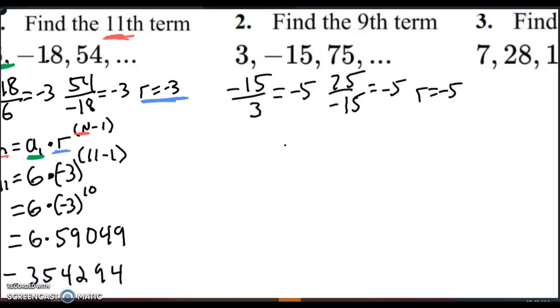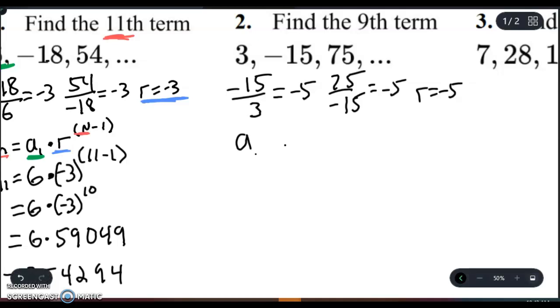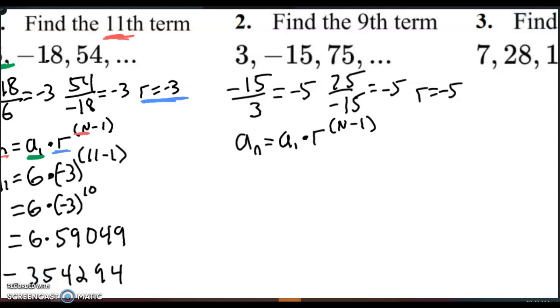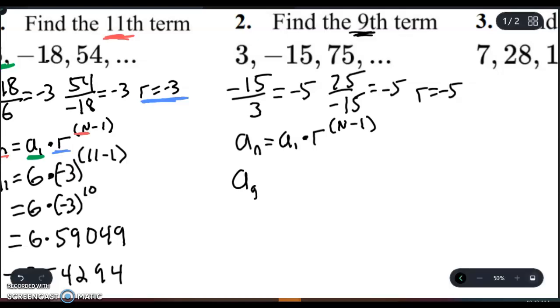Now I'm going to take my formula: a sub n is equal to a sub 1 times the common ratio raised to the n minus 1. The a sub n is this 9 here. We plug in a sub 9 is equal to the first term, 3, times the common ratio, negative 5, raised to the n, which is 9, minus 1.